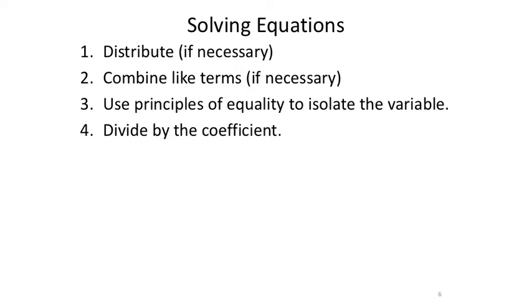You'd always distribute first, if you can, like we did in the bell work. Then you'd combine like terms, if necessary, which we saw in the bell work too. Then we use principles of equality. That's where we make phantom zeros. And then the fourth step right here is to divide both sides, essentially by the coefficient, because at that point you should have all the x's on one side and all the numbers on the other side.